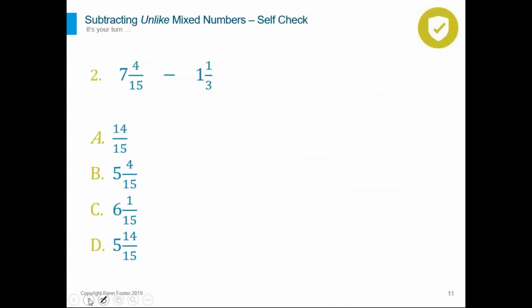Let's look at a self-check, a practice for you. Get your paper, write down the problem. After you write down the problem, inspect the denominators. Do we have to find a least common denominator or not? And if we do, how can we rewrite this fraction or this problem?